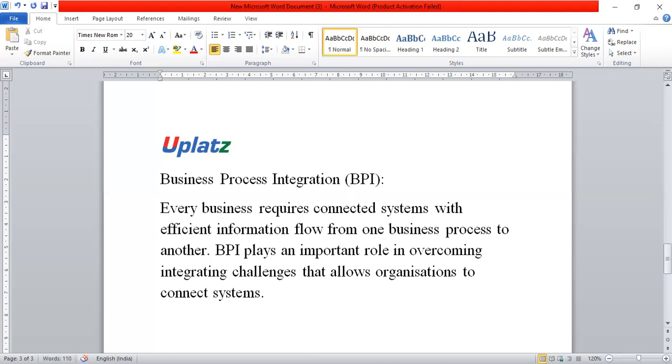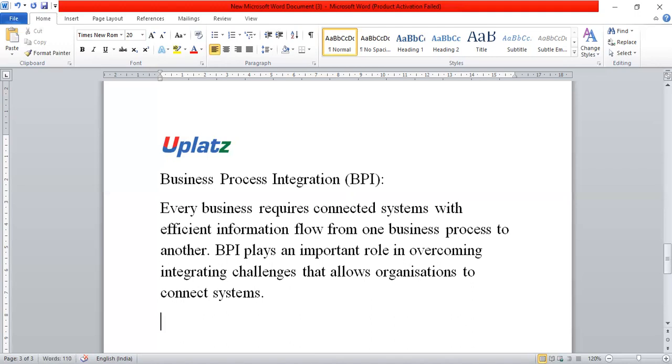So this BPI enables organizations to connect systems within the organization. This BPI ensures the company will overcome the integrating challenges. Having integration among different departments is a challenge, and that challenge can be fulfilled by following this BPI, business process integration.